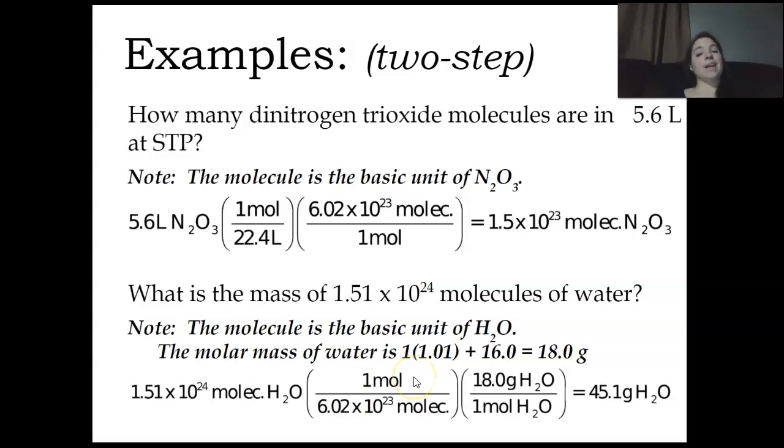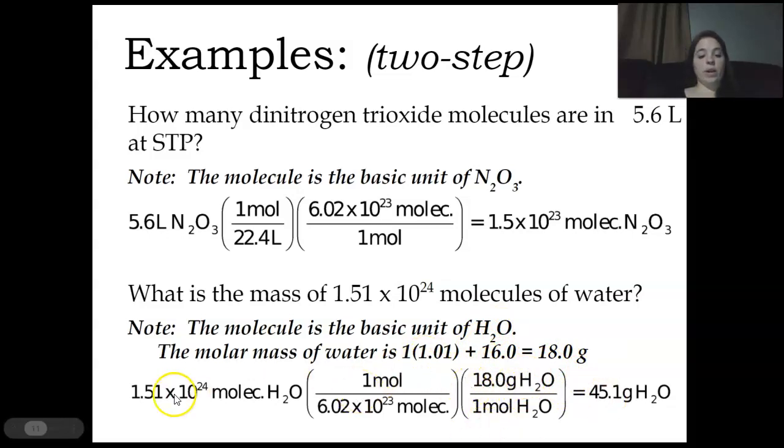I'm left with moles. I got to get from moles to grams, so I got to do my gram formula mass. There are 2 hydrogens, so 2 times 1 is 2. 1 times 16 is 16. 16 plus 2 is 18 grams of water per 1 mole. Moles cancel out.